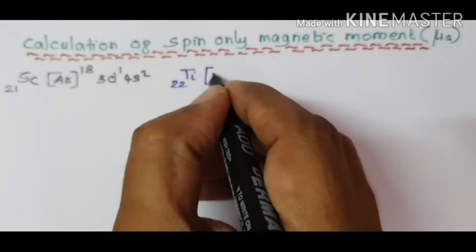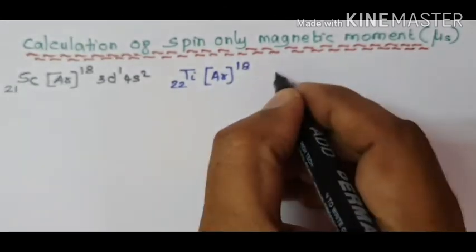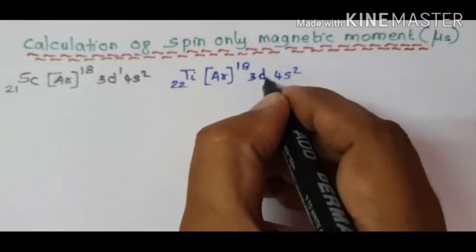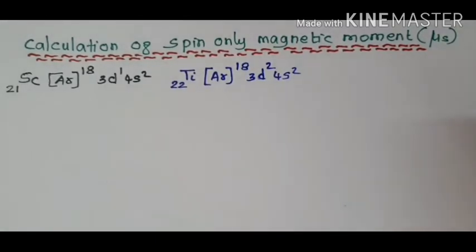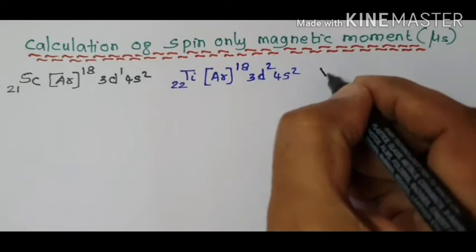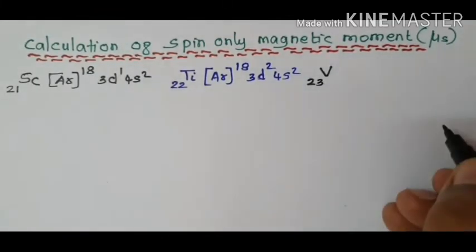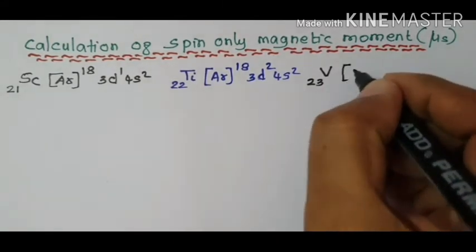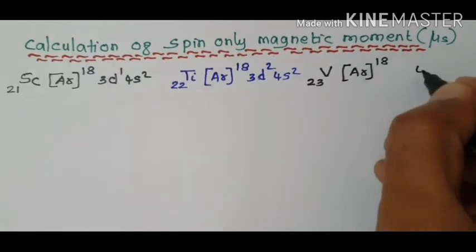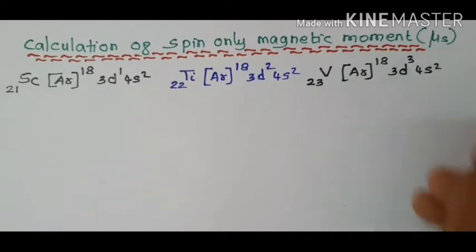The electronic configuration is argon 18, 3d2 4s2. The third element in the first transition series is vanadium, atomic number 23. The electronic configuration argon 18, 3d3 4s2.